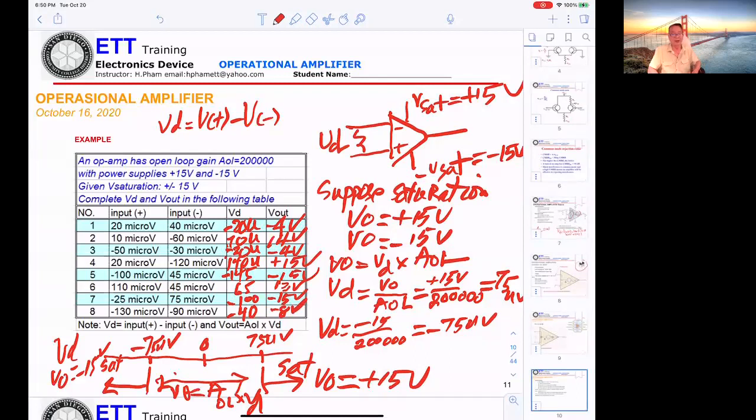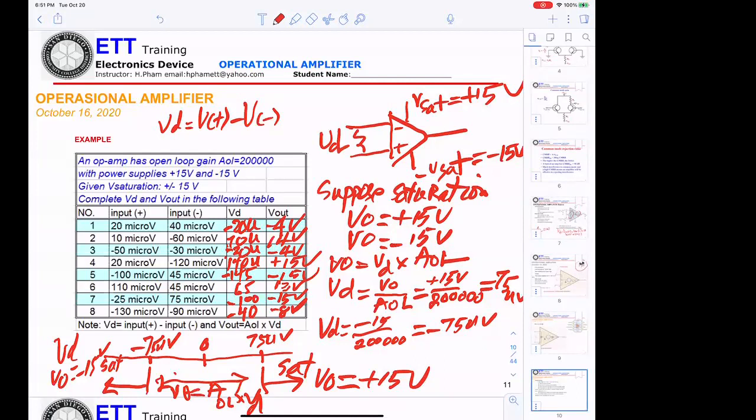This op-amp is easier than the bipolar transistor. Any question? So basically, for that last column, we got V out by multiplying by AOL, which is 200,000. Say the first one times minus 20. Correct? All right.